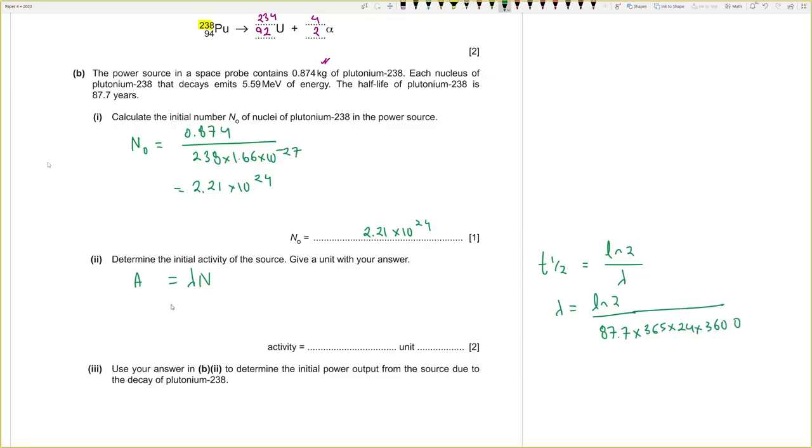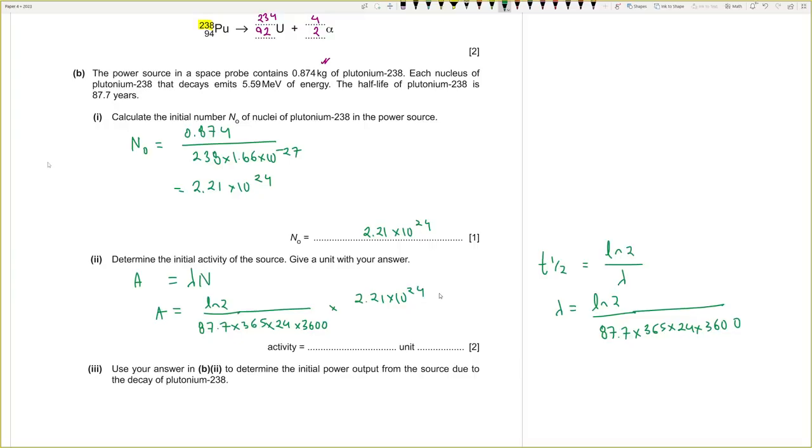So A is equal to ln 2 divided by 87.7 times 365 times 24 times 3600, times N naught, 2.21 into 10 to the power 24. Okay, let's do this.